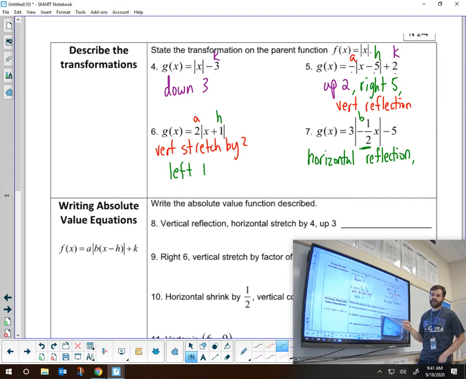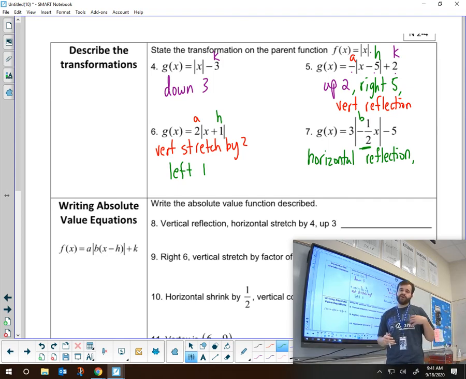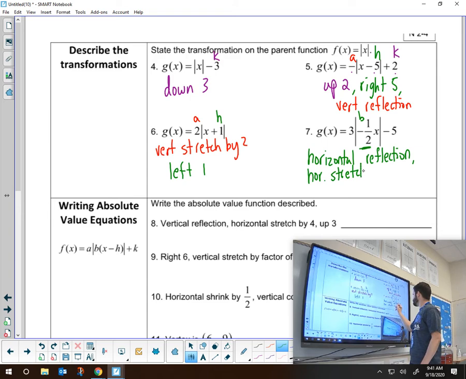And since it's a fraction, remember, it's backwards. So instead of being compressed like it would normally be, this one's going to be a horizontal stretch by 2. Okay, then I have this 3 out in front. Remember, that's my a. So that's going to be a vertical stretch. So we're just getting all the stretching in.